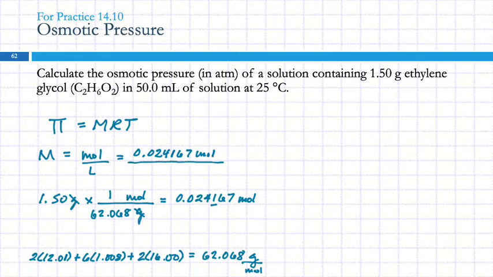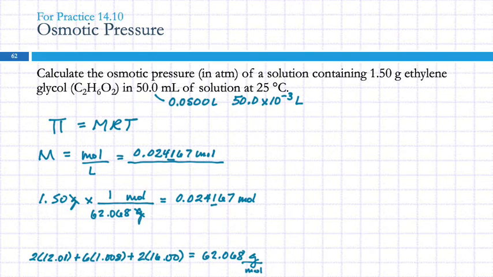What's the volume of the solution in liters? So 50 milliliters is going to be 0.0500 liters, or if that's just a little bit sketchy, 50.0 times 10 to the minus 3 liters, because times 10 to the minus 3 is what milli means.